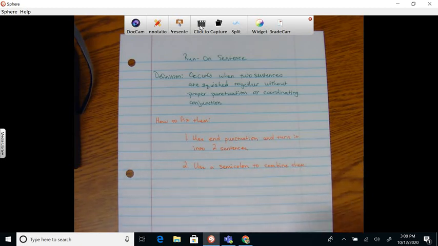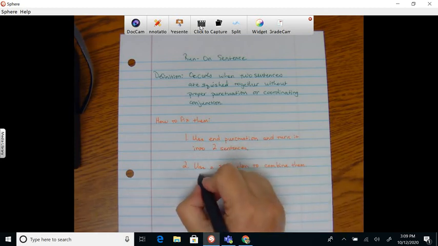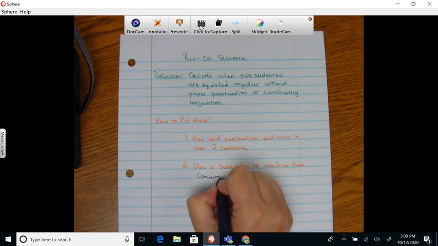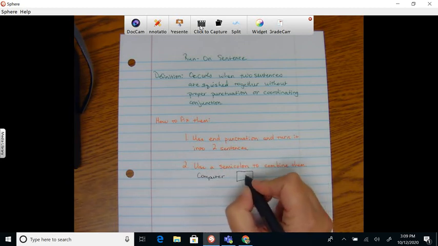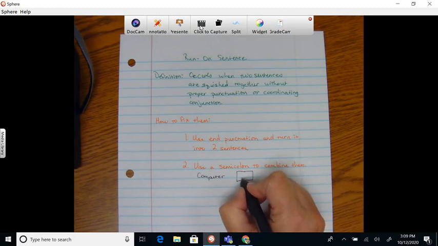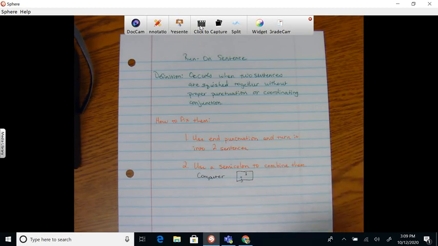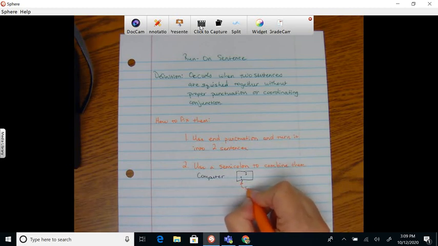Now, remember, when we're on the computer, a semicolon, we've got a key that has a comma with a dot above it. Above it is a colon, but this is called a semicolon.